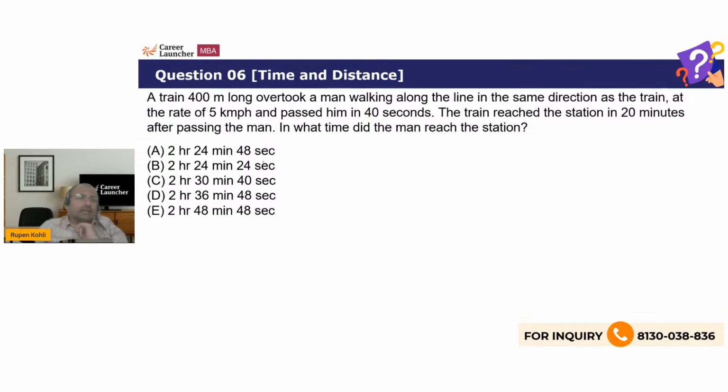Another thing is, the answer is in hours, minutes, seconds, right? The length of the train is in meters, speed is in kilometers per hour, time given is in seconds. So it's a hodgepodge. So keep the units consistent. Since the eventual answer is in hours, we would want to work in kilometers and hours.